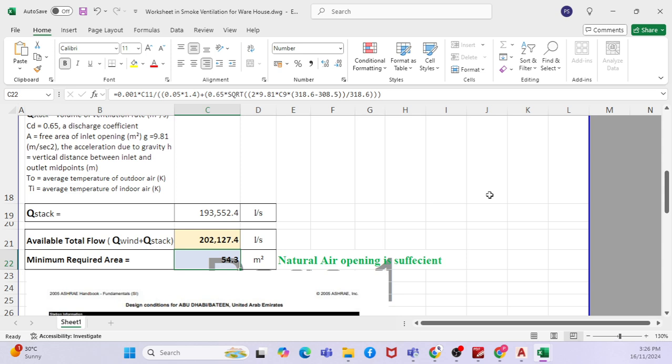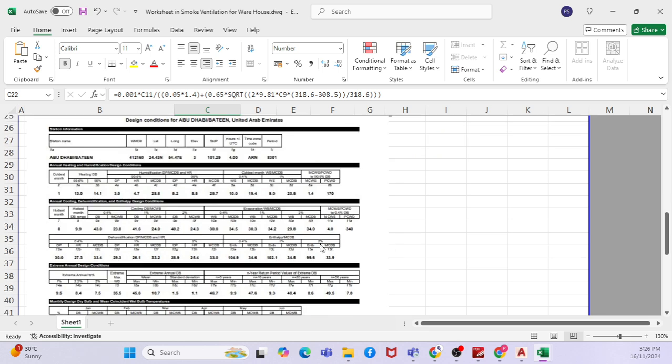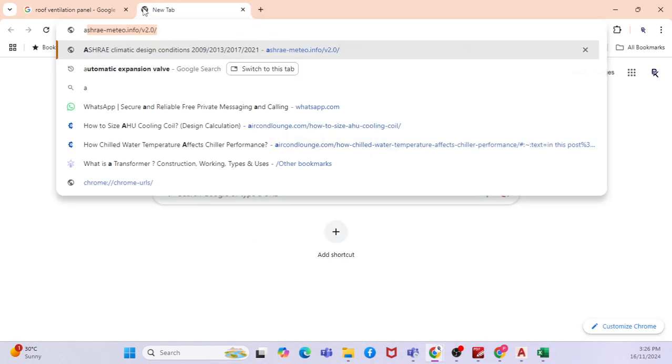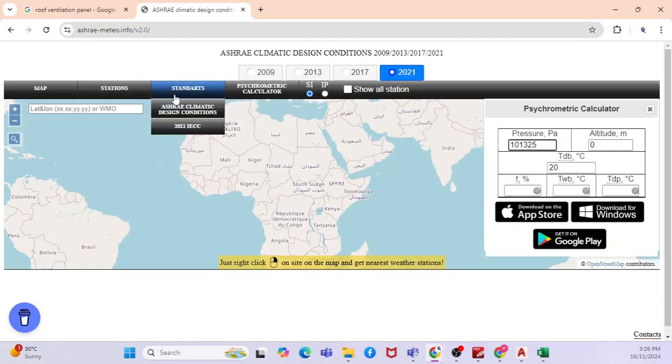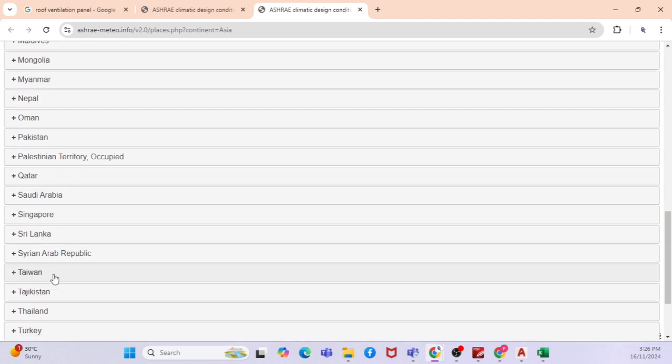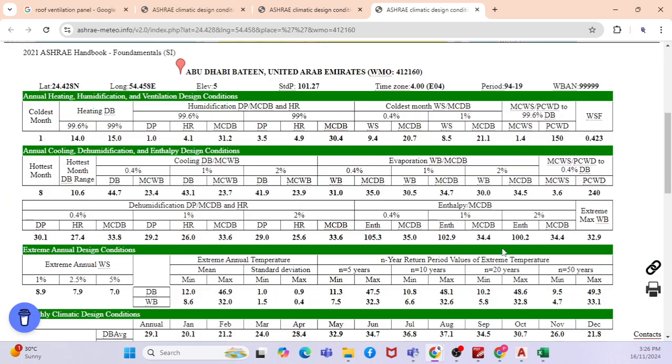But this velocity that you've taken, I've never come across that 1.4. No, this will change. It depends upon your location. For example, if you go to ASHRAE, can you see the velocity here?